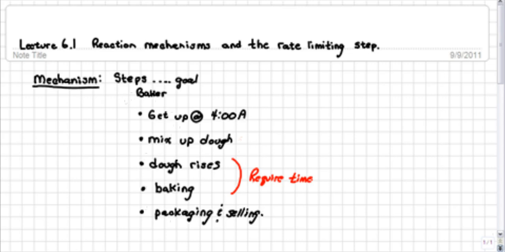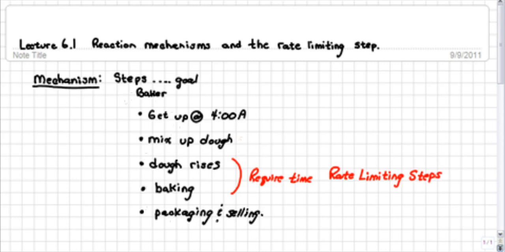You have to wait for the bread to rise at its own rate, and then you have to put it into the oven for the 45 to 60 minutes, and there's really nothing that you can do about it. These steps are what we call rate limiting steps. And these are steps that we have really no control over.